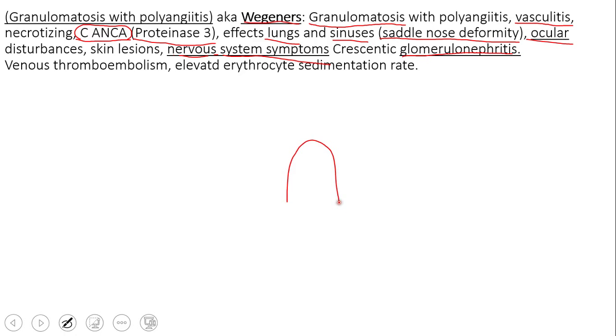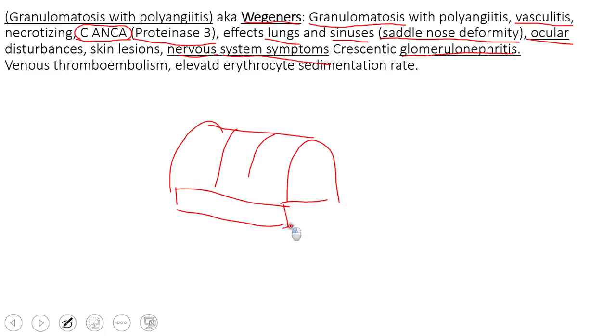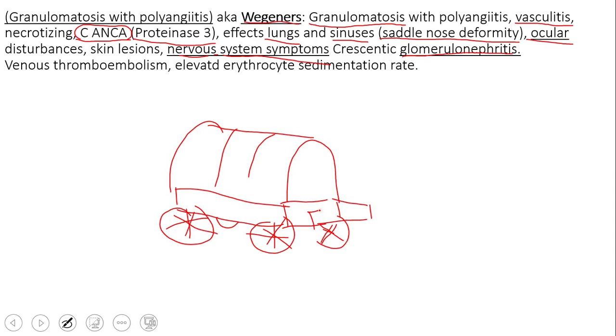So the first thing I'm going to do here is draw a wagon. So there is a wagon. Yep. There's the tire thingies. And so that's the way I'm going to get Wegener's down. Now, how am I going to remember that this is associated with granulomatosis? Well, I'm going to have Granny here sitting on the wagon.